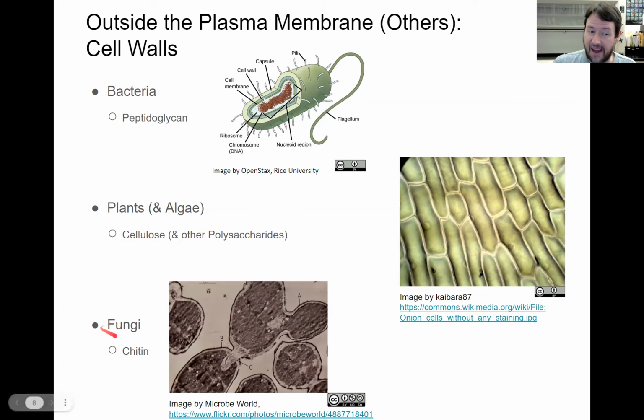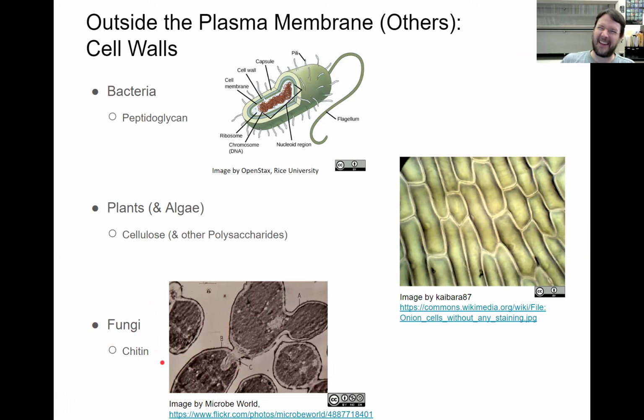And then fungi have a cell wall as well that is made up of a really interesting polysaccharide called chitin. It's very tough, but it's also very flexible. So fungi are quite a bit more bendy. They can take a lot of different shapes, more so than plants can. And that's because they have this cell wall made of chitin, but it's also very tough.